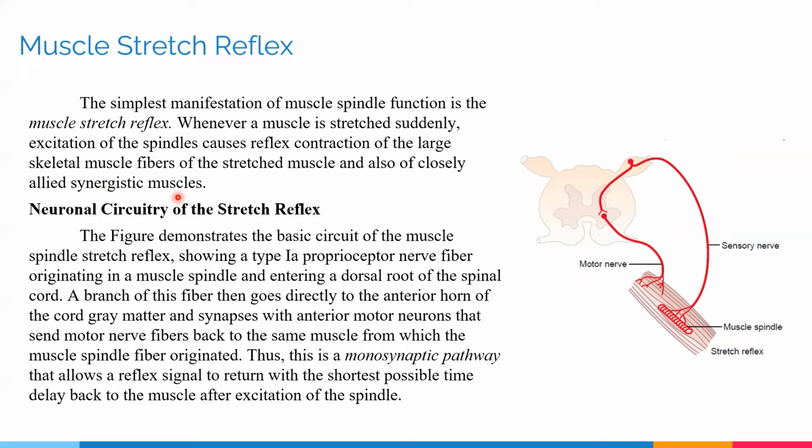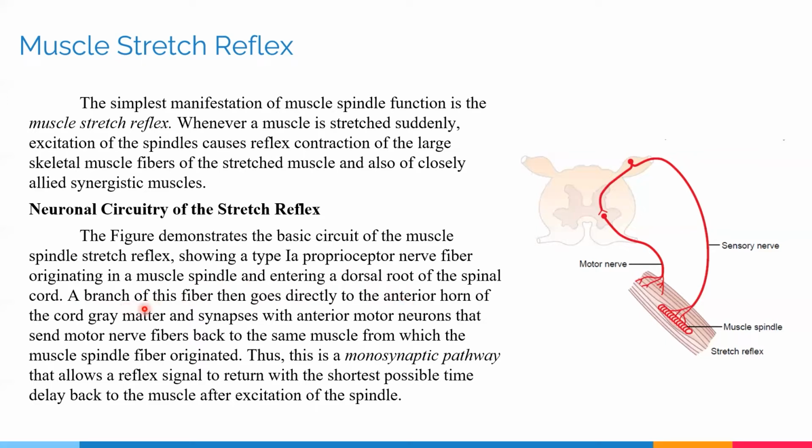Let us look into the neuronal circuitry of the stretch reflex. The figure demonstrates the basic circuit of the muscle spindle stretch reflex, showing a type 1A proprioceptor nerve fiber originating in a muscle spindle and entering a dorsal root of the spinal cord.